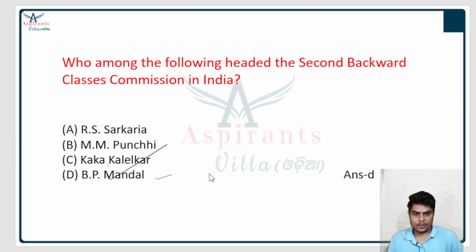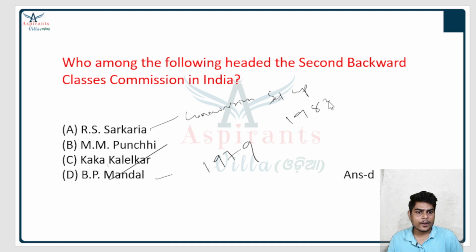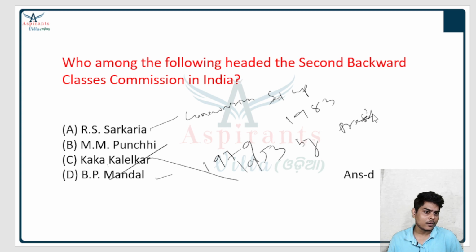The Sarkaria Commission was set up in 1983 by the government appointed by Indira Gandhi, and the Kaka Kalelkar Committee was the first Backward Classes Commission, set up in 1953 by presidential order.